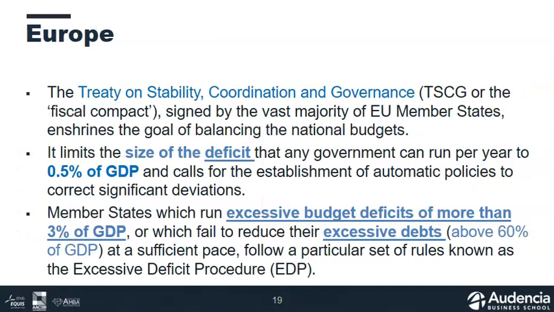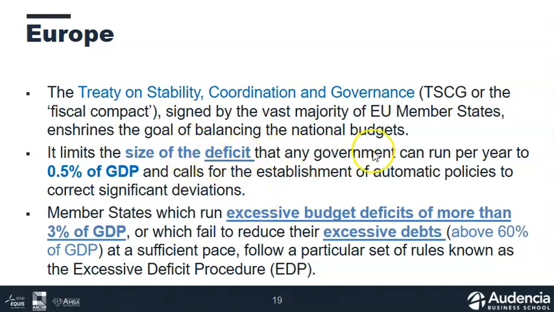Now, being part of Europe, we have certain restrictions on how big our deficit can be and how big our debt can be as a percentage of GDP. And these are ways to align the economies to make fiscal and monetary policies more effective. So if we can all somehow respect these limits, it would be good. And so we've got this treaty on stability that EU member states must try to respect.